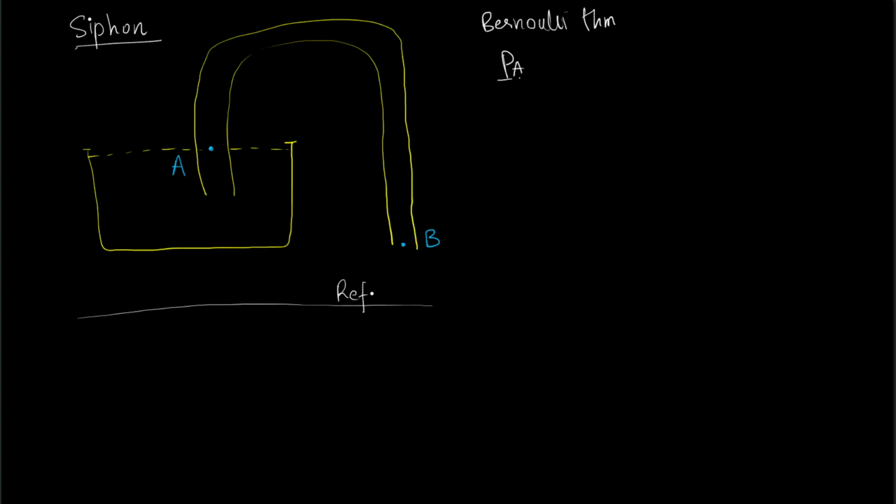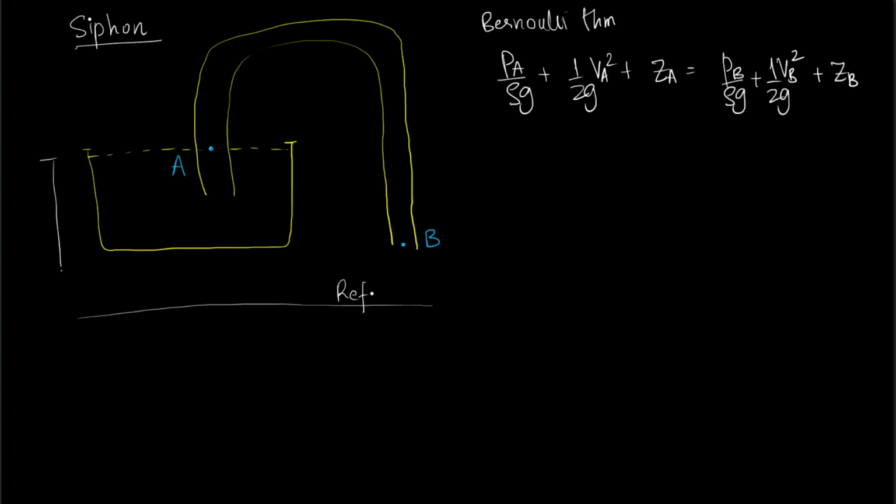So PA by rho g plus 1 upon 2g VA squared plus ZA is equal to PB upon rho g plus 1 upon 2g VB squared plus ZB, where this height is ZA and this height is ZB. And I have written down the Bernoulli theorem in its head form.